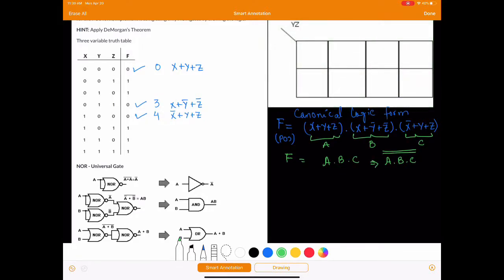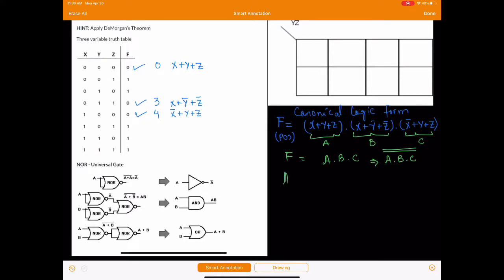Now in this equation right here, I can apply De Morgan's theorem. And if you remember, one of the rules that we learned from Boolean algebra laws and rules and De Morgan's theorem, is that you can only break 1 bar at one time.